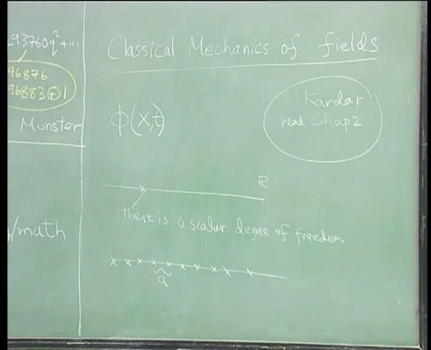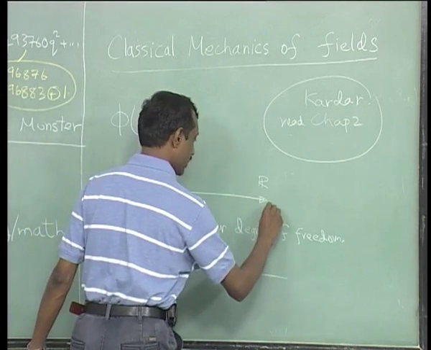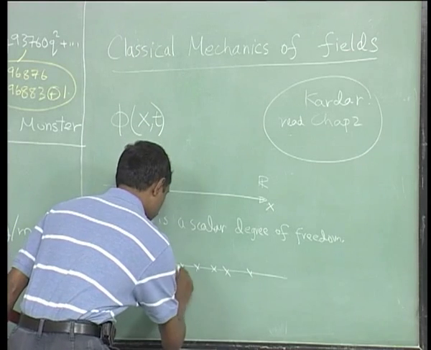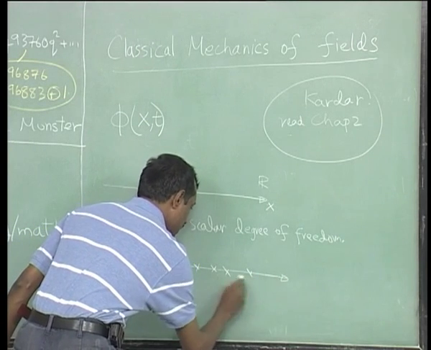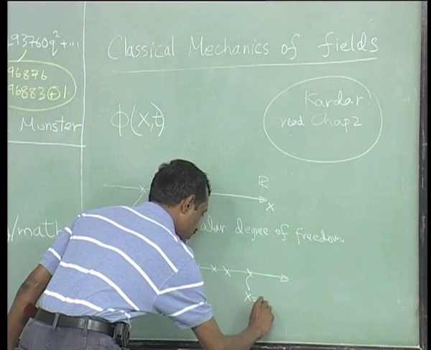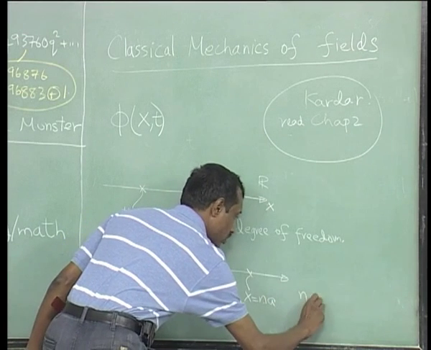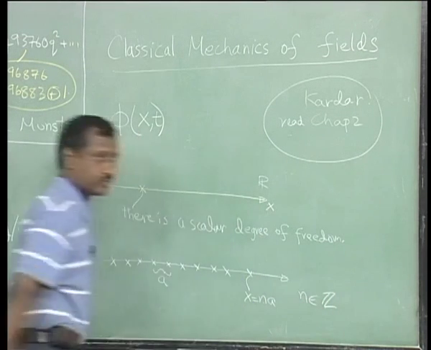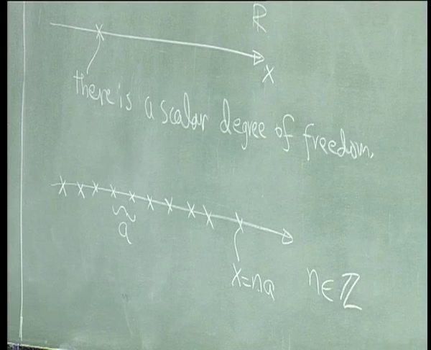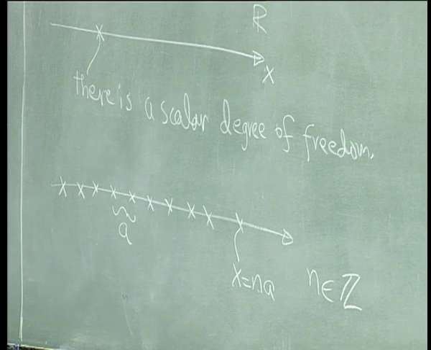So a typical point would be x equal to n times a, where n belongs to the integers.